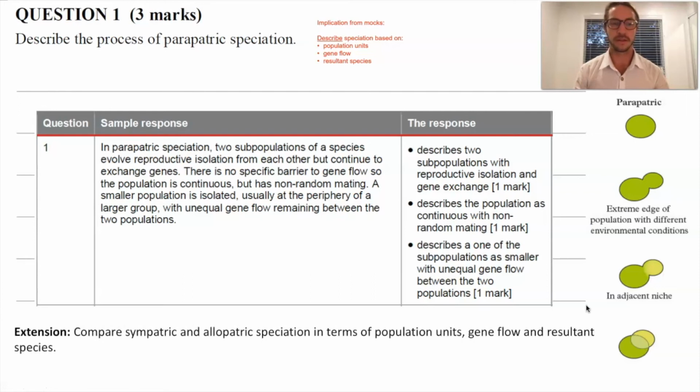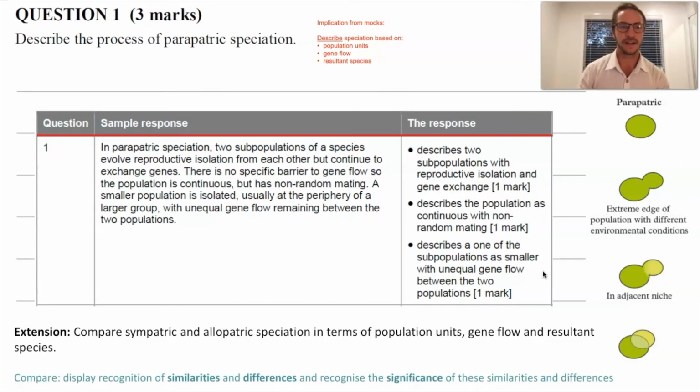So I've put in another question here, and it is to compare sympatric and allopatric speciation in terms of these 3 criteria. If you think back to Dr. G when he did the experience genetics online excursion for you guys, he talked about how to compare means to display recognition of similarities and differences, but to go further and say the significance of those.